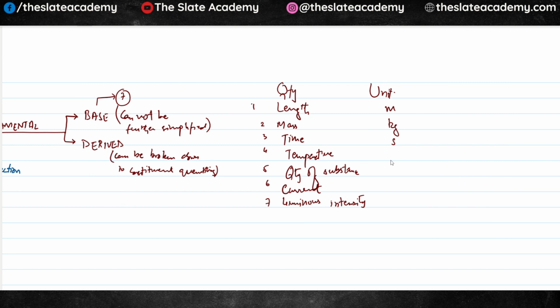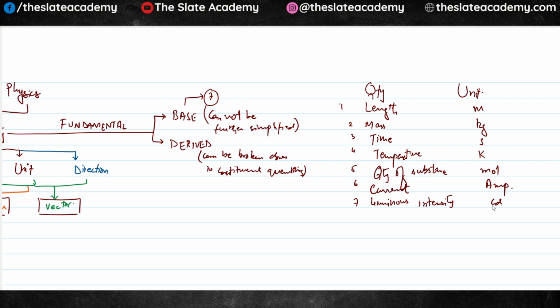Quantity of substance, moles. Current, amperes. Luminous intensity, candela, CD as you say. Okay. All right. For amperes, usually the symbol I use is simply capital A, and for candela I use CD.